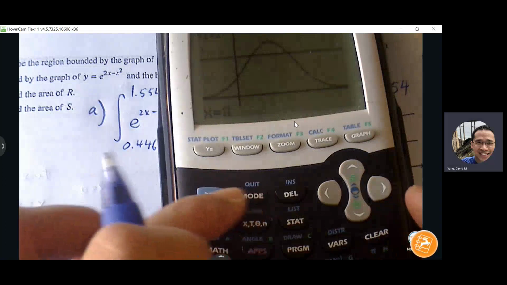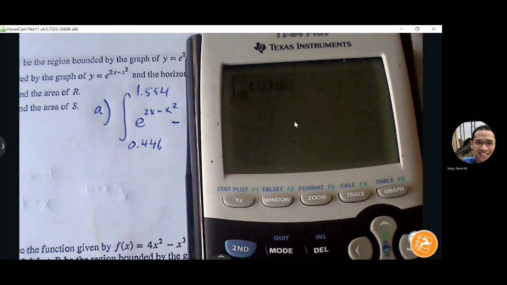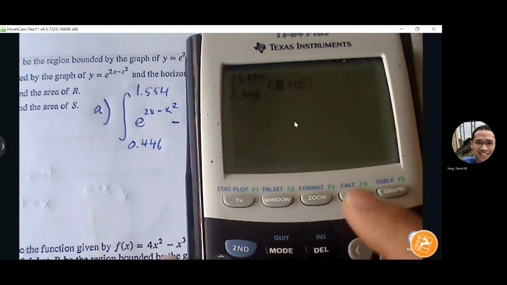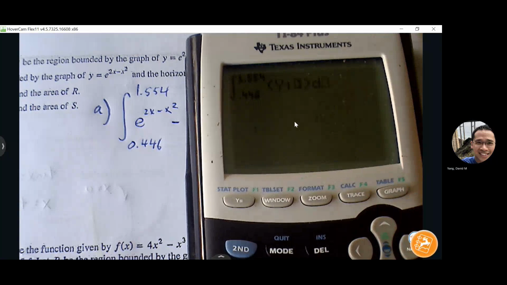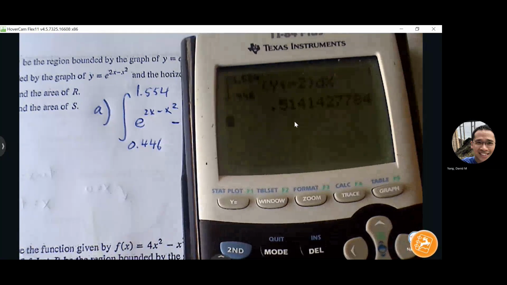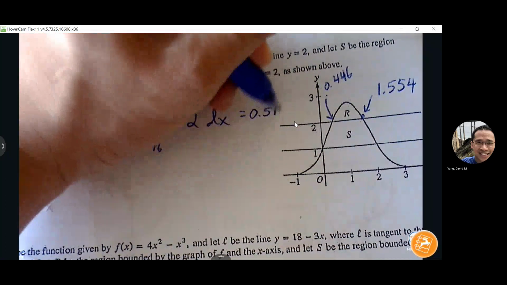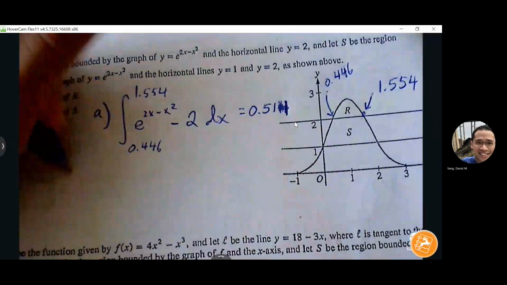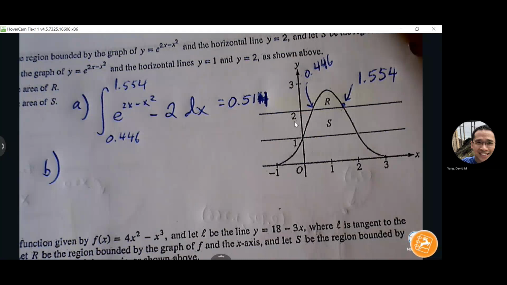Second mode will get you back to your home screen. Alpha trace, you can pick your graph. Okay.